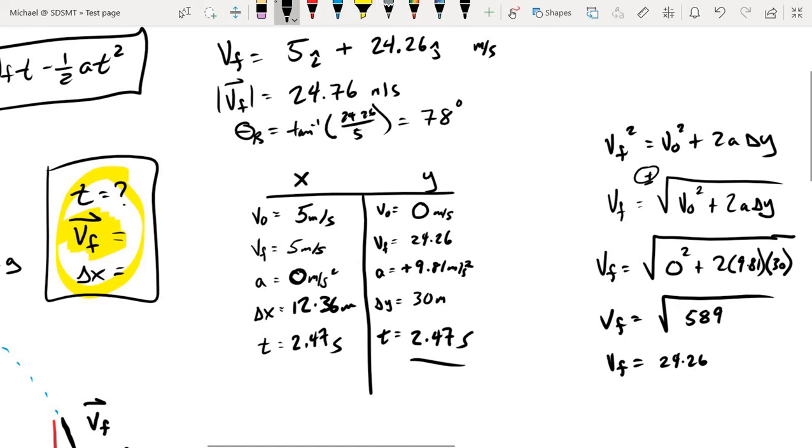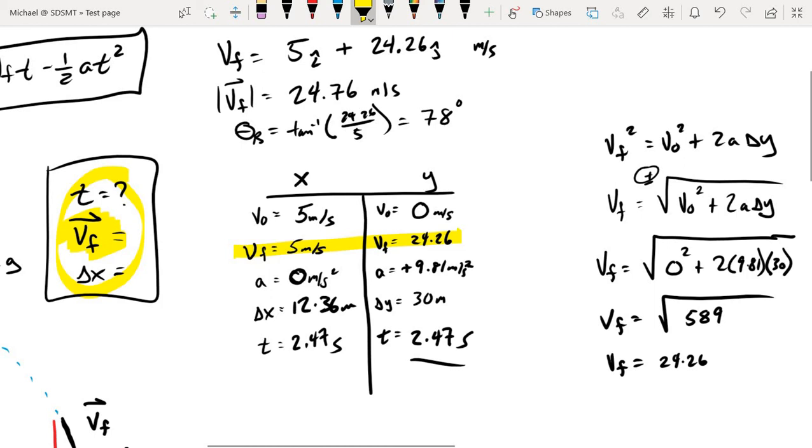What was the final velocity vector? Since I did not specify how I wanted that vector described, you're more than welcome to just provide the components of the vector.